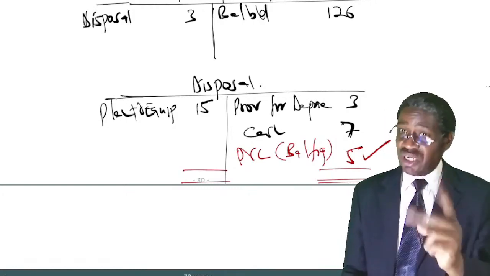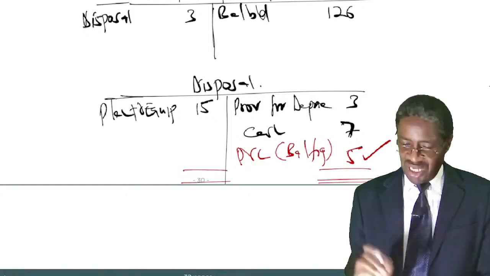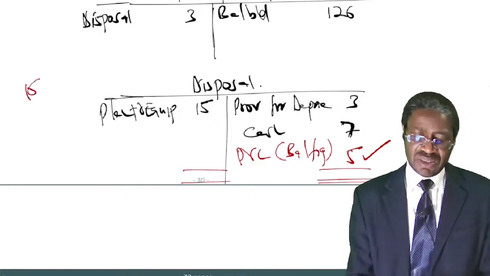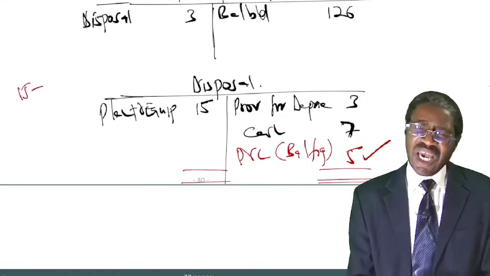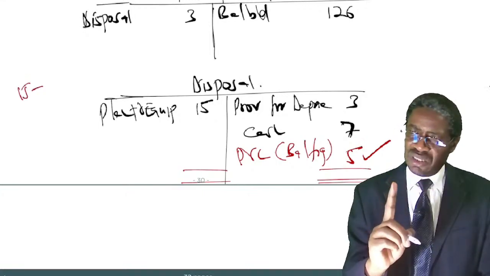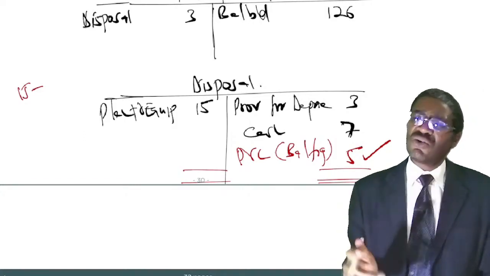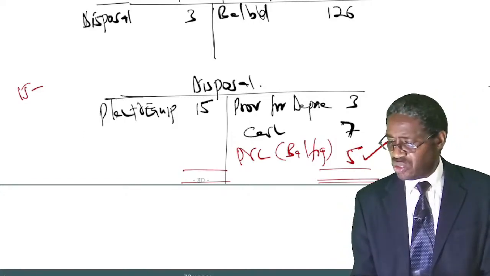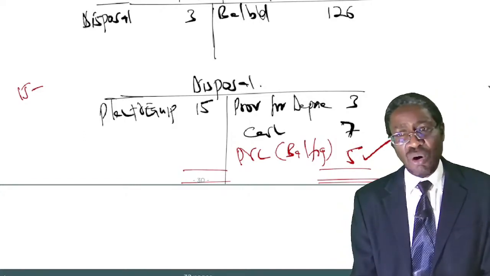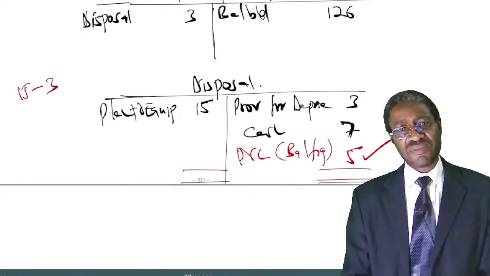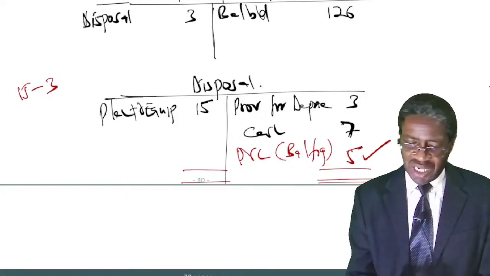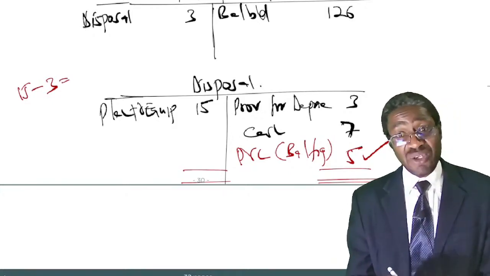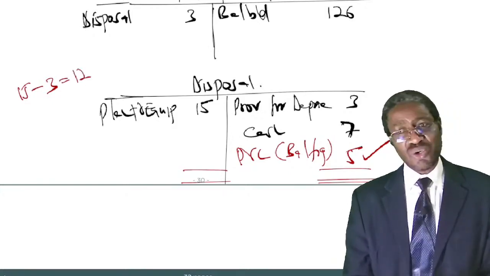The second way is to argue this way. This plant cost us 15 million. By the time we were disposing it, it had cumulatively lost value through depreciation by an amount of 3 million. So it means by the time I'm disposing this asset, it had a book value of how much? 12 million.